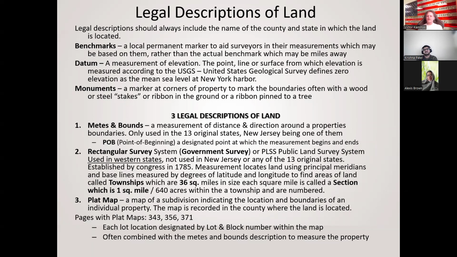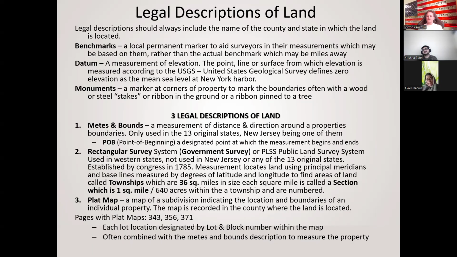Which legal description of land is used in a subdivision to locate the individual properties and their boundaries? Plat maps. A plat map.